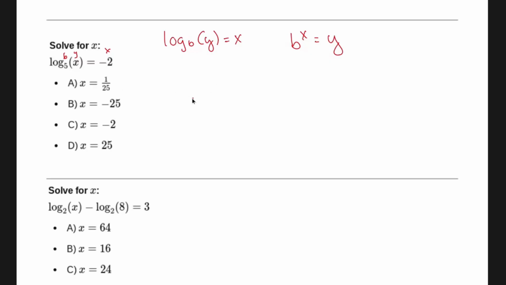I just have to write it out as 5 to the -2. 5 to the -2 is going to equal x. That can be written out as 1 over 5 squared equals x. And that can be written as 1 over 25 equals x, which means x equals 1 over 25.